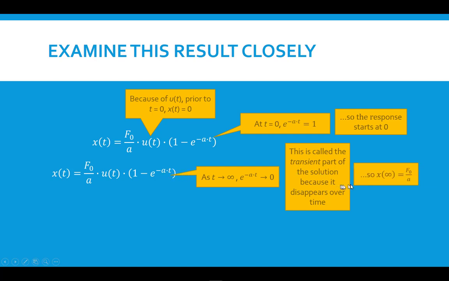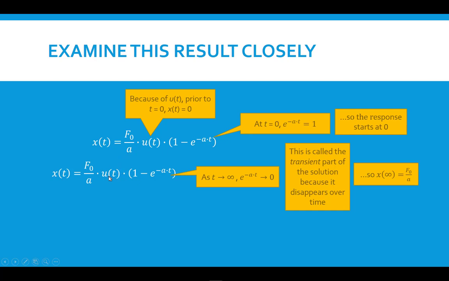And so what happens is that at t equals infinity, this is gone. It's 0 here. This is 1. This, of course, is 1 because t is greater than 0. So the final value that we approach is f sub 0 divided by a. So the initial value, as we've shown before, of x of t at 0 is 0.